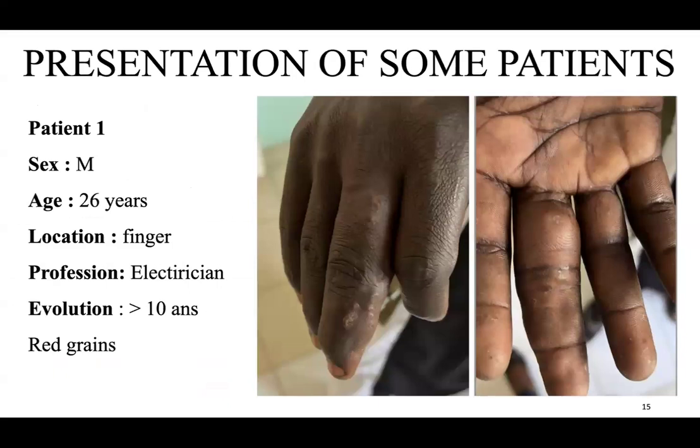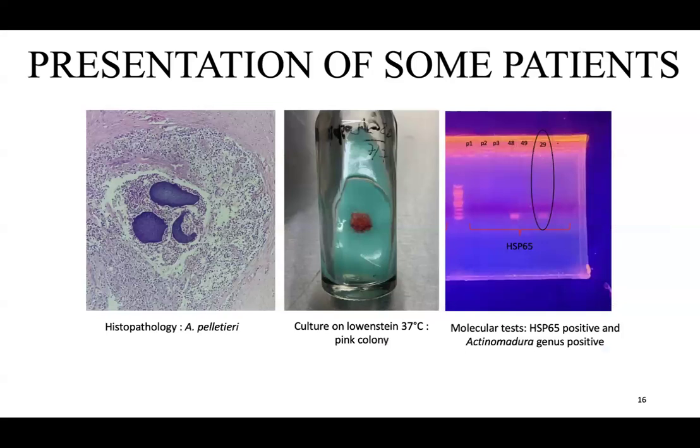Here we have 1 patient of 26 years who had polyfistulized tumefaction of the finger with the discharge of red grain. Histopathology identified Actinomadura pelletieri as the pathogen, and on culture we observed pink colony that was heat shock protein positive and Actinomadura genus positive.